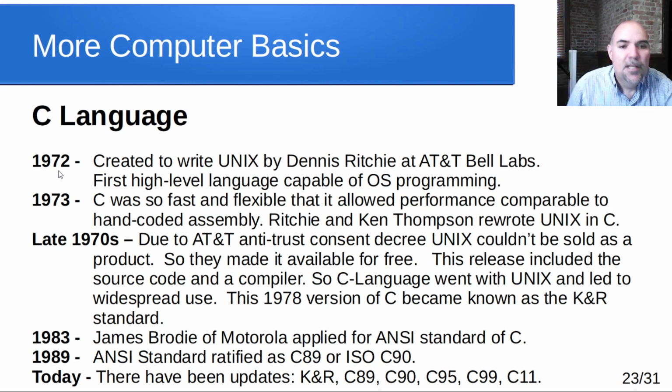So the first thing here is in 1972, Dennis Ritchie was working at AT&T Bell Labs. And Bell Labs is kind of a research arm of AT&T, where AT&T had a lot of money and they sponsored a lot of projects that they thought would be cutting edge or that could give them the ability to stay on the forefront of technology.